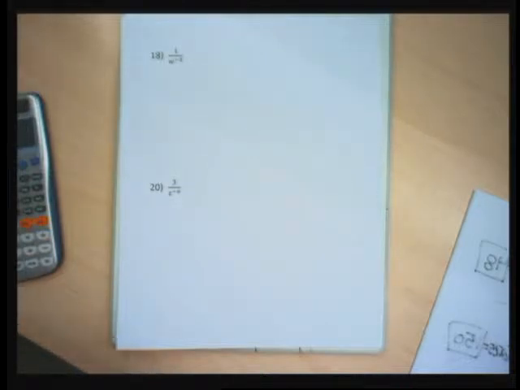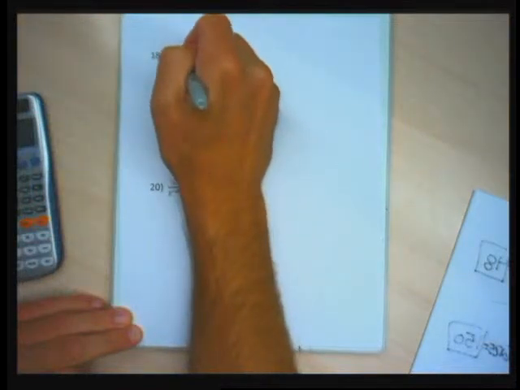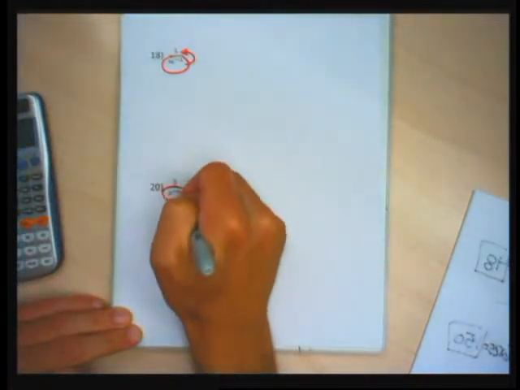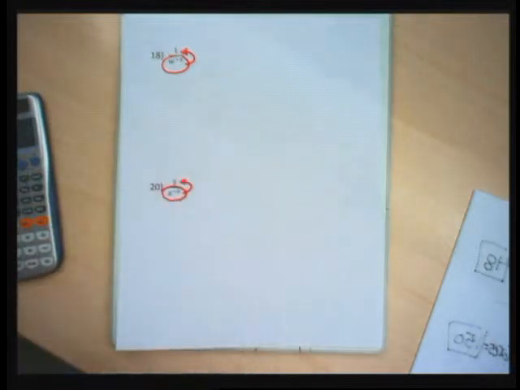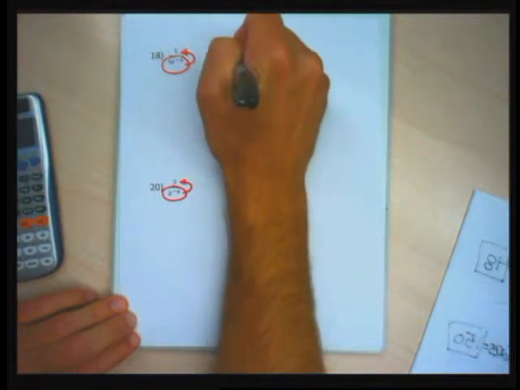And I'm going to do exactly for 18 and 20 what I did for the 3 problems when I did them by hand. I'm going to take the term with the negative exponent and move that negative exponent from the denominator to the numerator. I'm not going to leave a fraction anymore because I've taken the entire denominator.